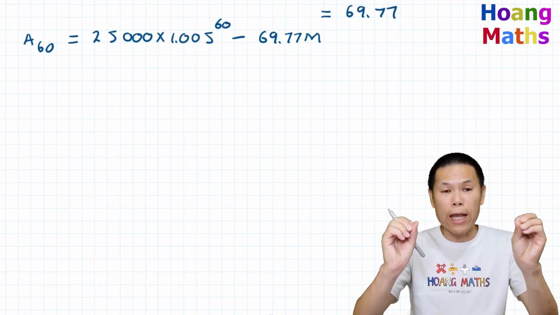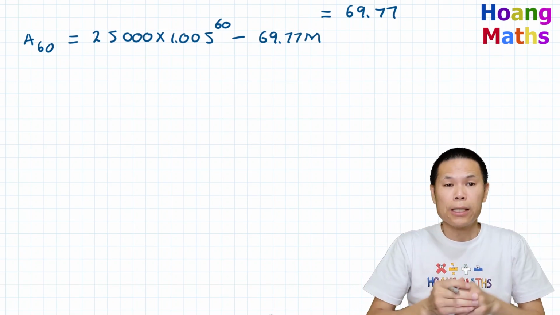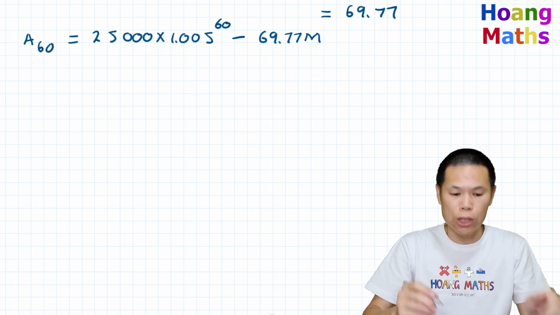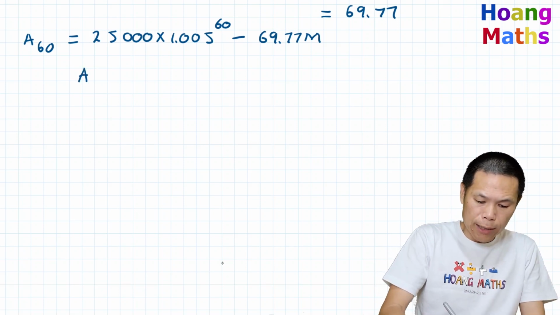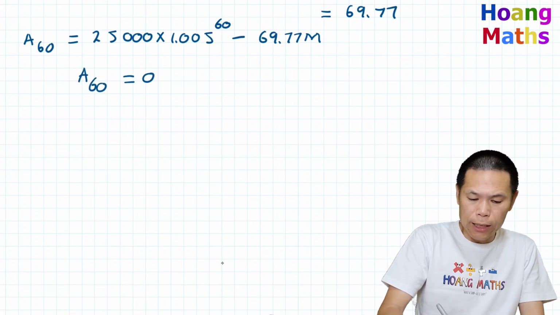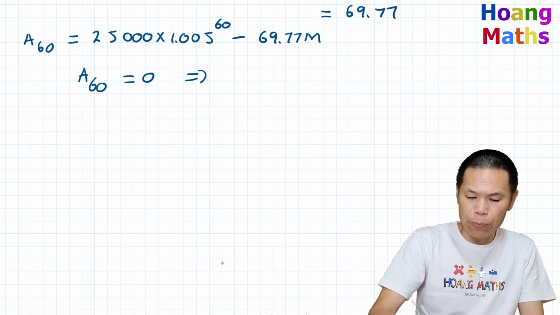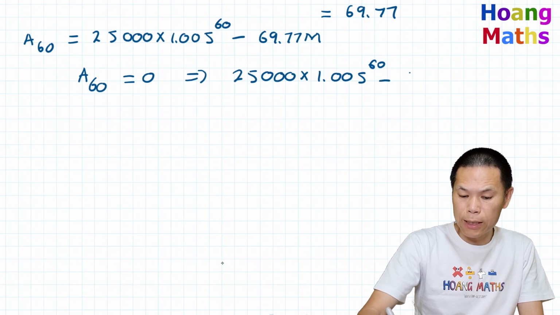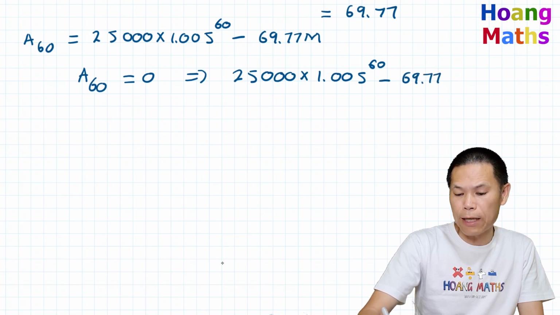But then we know that after 60 months, Sina will pay off her loan. So that means A60 is equal to 0. So this implies that 25,000 times 1.005 power of 60 minus 69.77 M is equal to 0.